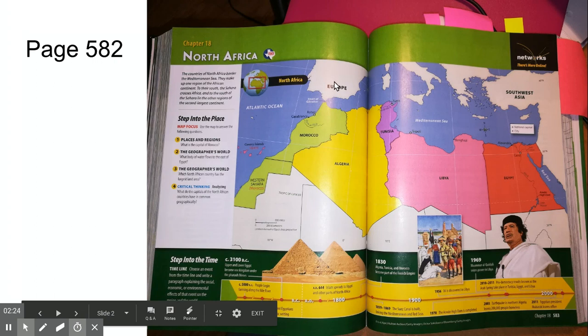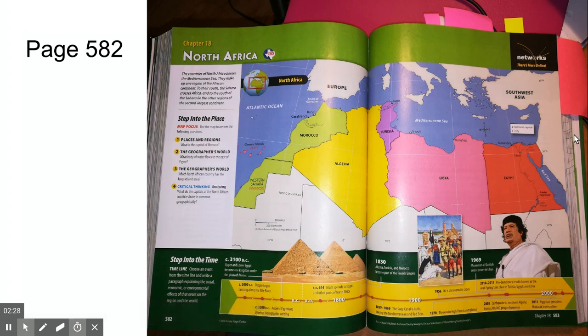Europe is up here. This would be Spain, the boot of Italy. And then here's the Middle East. You see it says Southwest Asia. Remember, Southwest Asia is the Middle East. And the Middle East does include the Sinai Peninsula, where part of Egypt is.